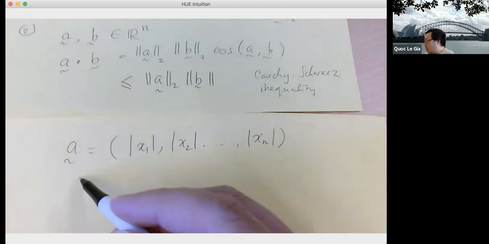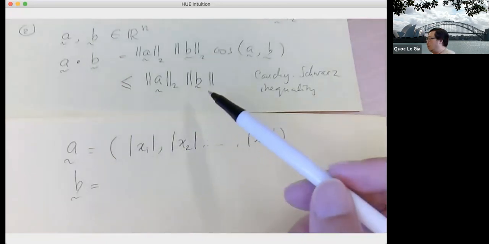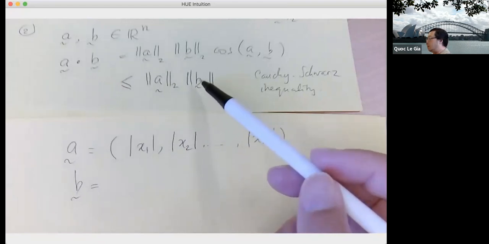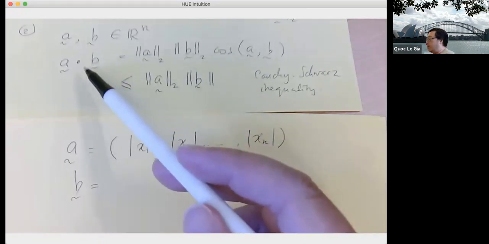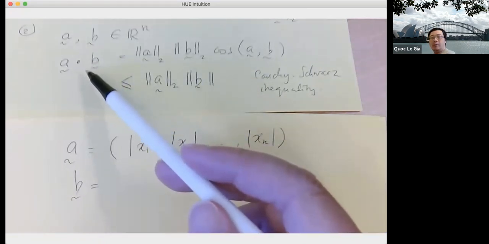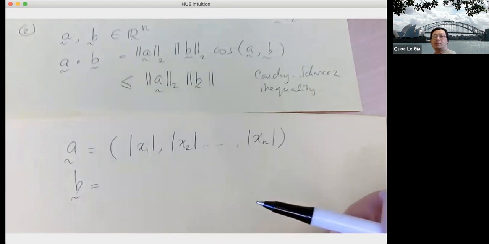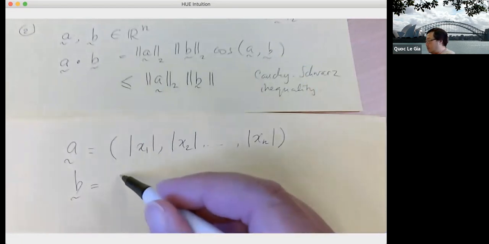Now what vector b should I choose, so that the length of the vector b is square root n, and on the left you have just the 1 norm of the vector x? How do I choose vector b?